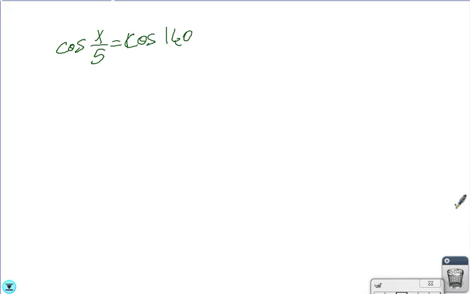So guys, let's continue. Right now, the rule with cosine: whatever you have in the first place will be equal to positive 140 plus 2k pi and negative 140 plus 2k pi.